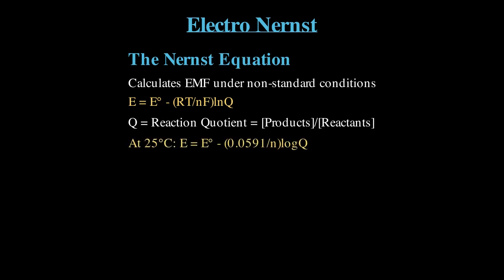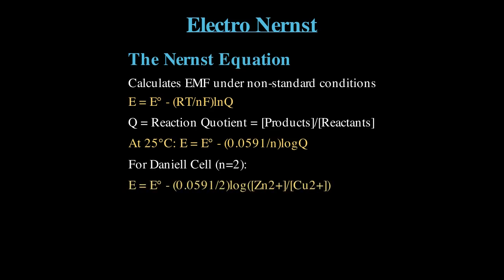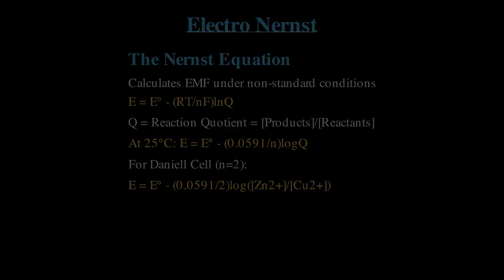At 25 degrees Celsius, this simplifies to E equals E0 minus 0.0591 divided by N times the log of Q. For our Daniell cell, where N is 2, the equation becomes E equals E0 minus 0.0591 by 2 times log of the zinc 2 plus concentration over the copper 2 plus concentration. Essentially, the Nernst equation lets us find the cell's EMF at various concentrations.